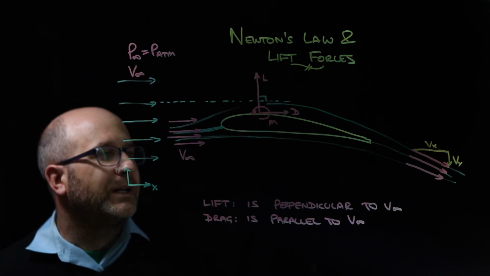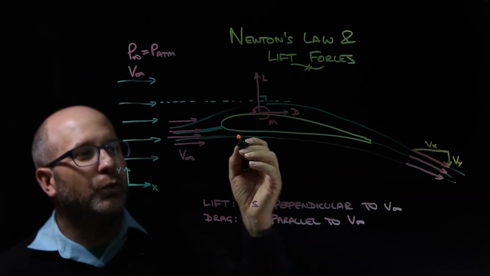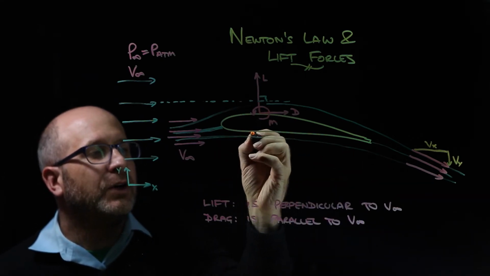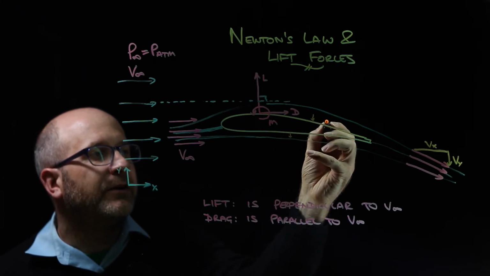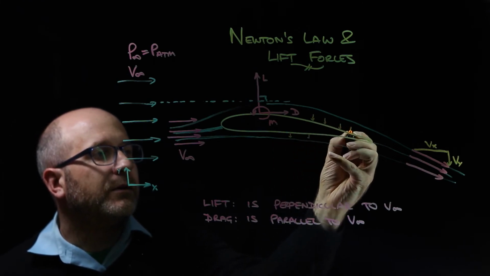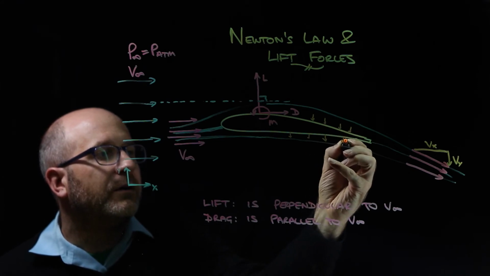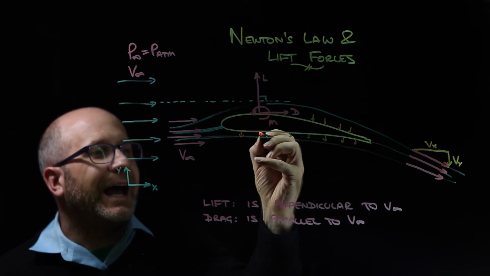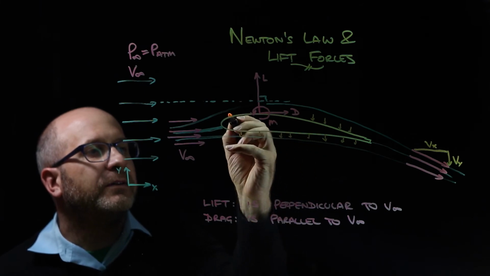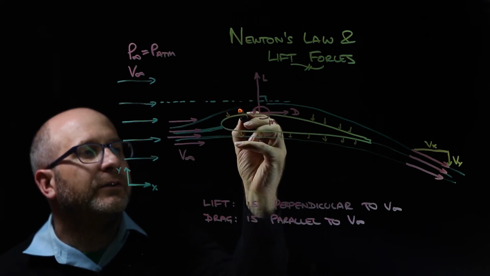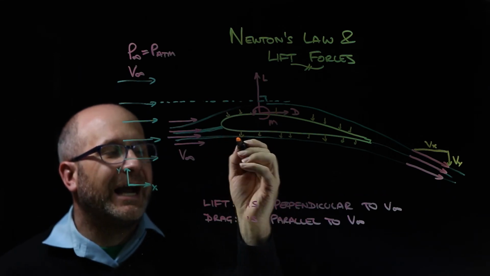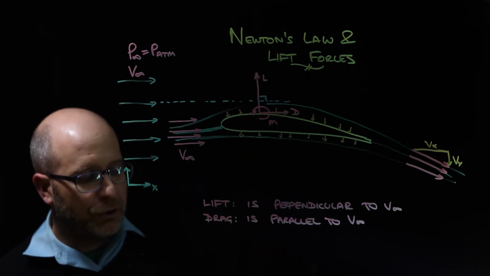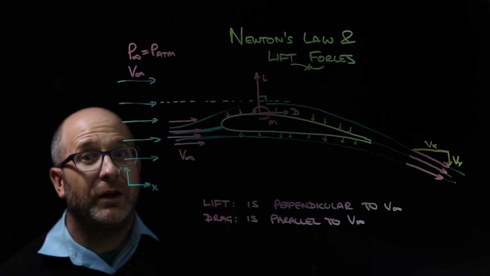So what we can imagine now is that this wing has actually had to push down and pull down the flow, right? And as we push down on the flow and pull down on the flow, what happens is that the wing, or the actual particles of fluid, push up on the wing and pull up on the wing, right?